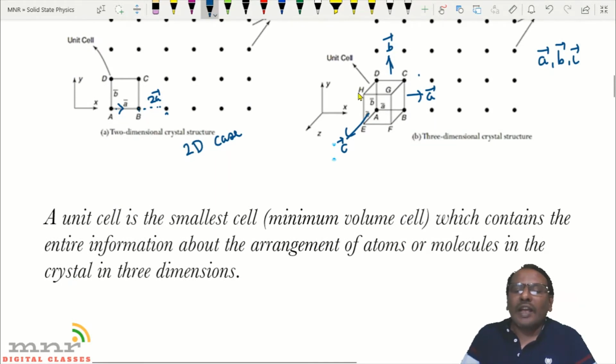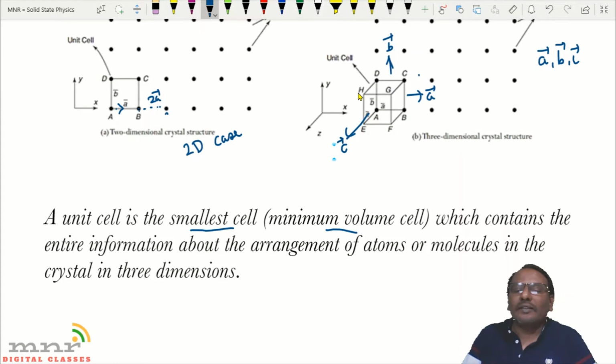So a unit cell is generally chosen in such a way that it must have minimum volume, or the smallest possible structure we can obtain, which contains the entire information about the arrangement of the atoms or molecules in the crystal in 3 dimensions.